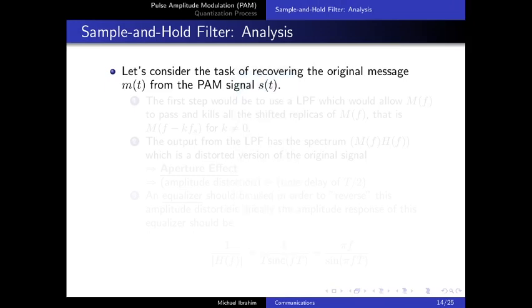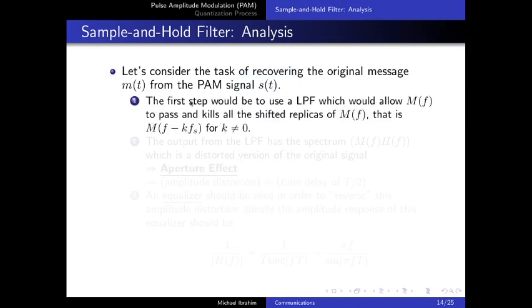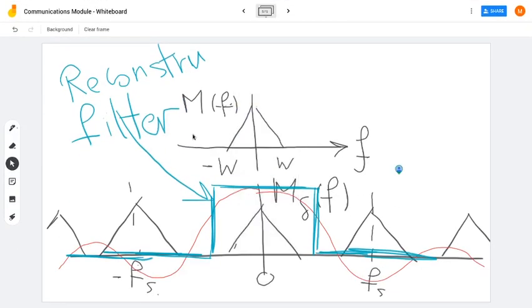So the first step to recover the message m of t is to use a low-pass filter, as we did in instantaneous sampling in the previous lecture, which would allow m of f to pass and kill all the shifted replicas of m of f, that is m of f minus k fs. Basically, this filter allows m of f to pass, centered around 0, and all the replicas at fs, 2fs, minus fs will be killed using this filter, which is called the reconstruction filter.